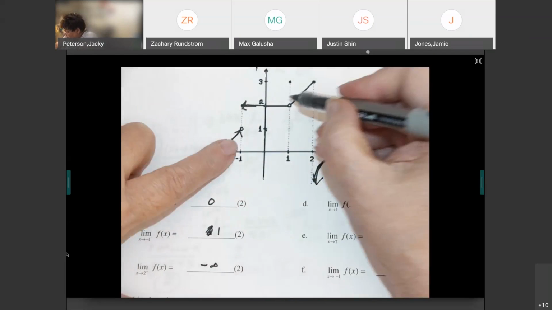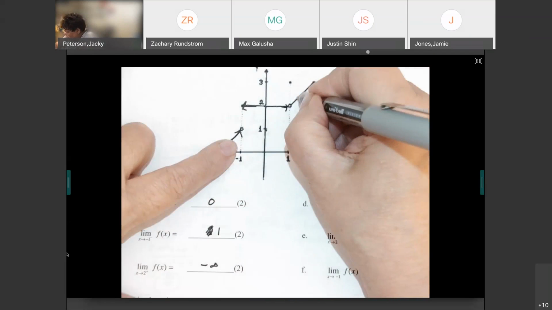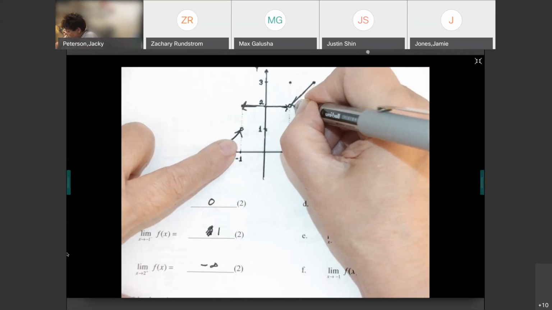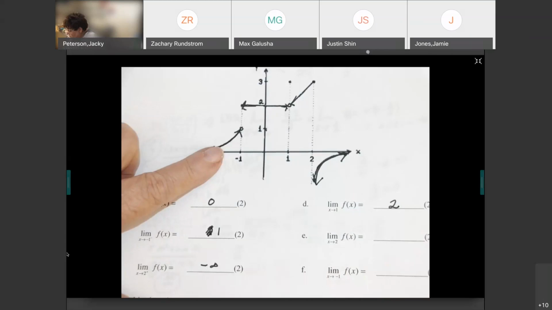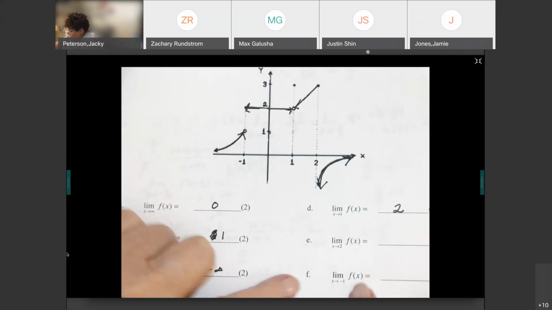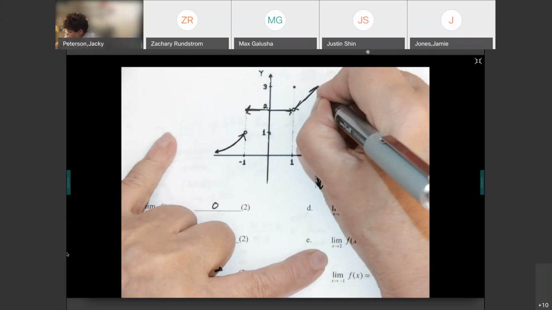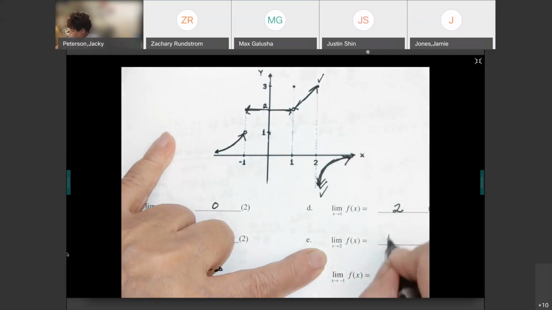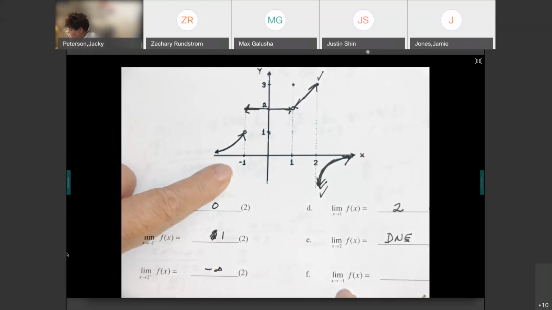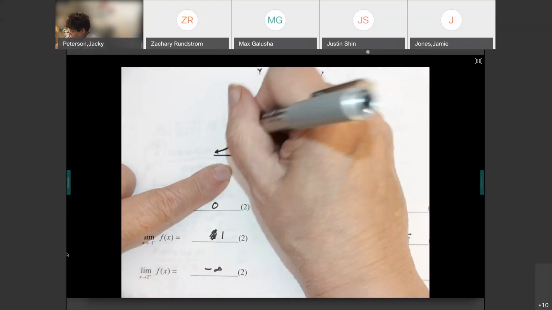Just 1 itself, left and right, they two meet, but it's going to be a 2. At 2, left is up here, right is down here, so this does not exist as it separates. -1: from the left, you end up here.